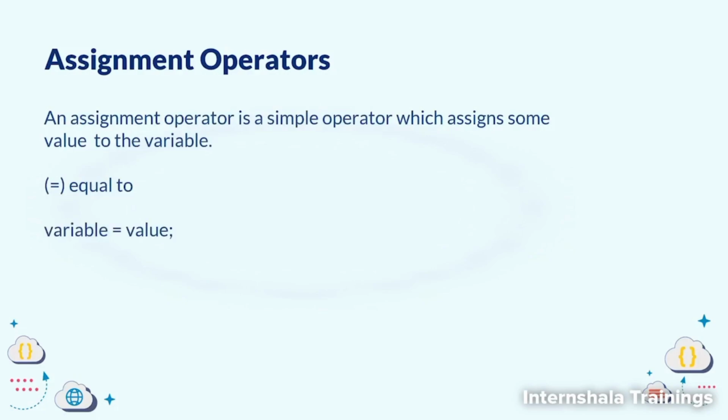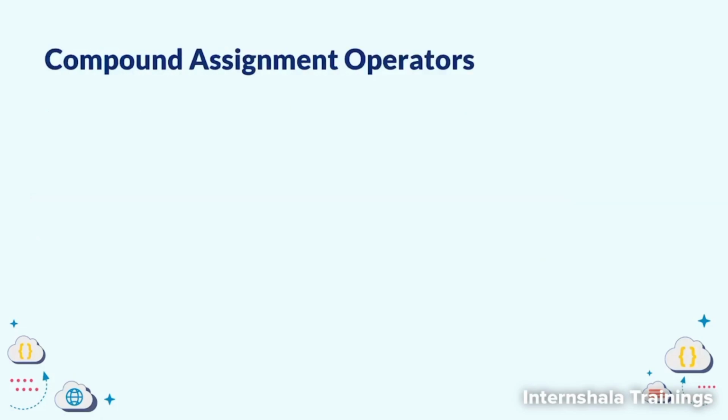In our previous video, we have already seen many examples where we declared num1, num2, x and assigned values to them using an equal to operator. Apart from this equal to operator, we have compound assignment operators as well in Java. Now let us understand what these compound assignment operators are.